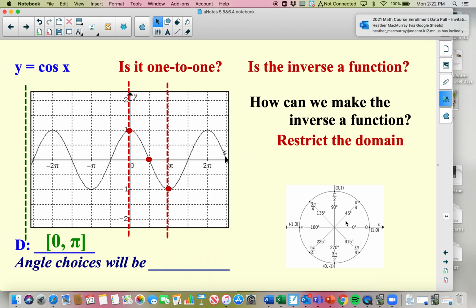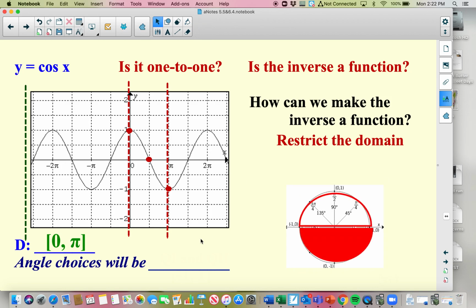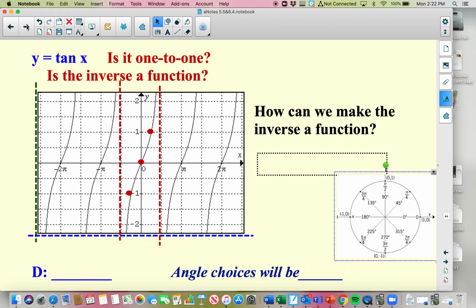On a unit circle, anything between 0 and pi is quadrants 1 and 2. So the domain restriction has to be anything in quadrant 1 or 2. Okay, the last one we're going to look at is the tangent of x.